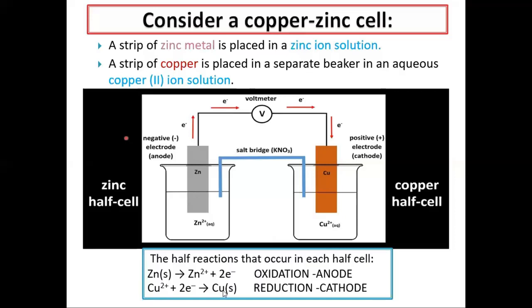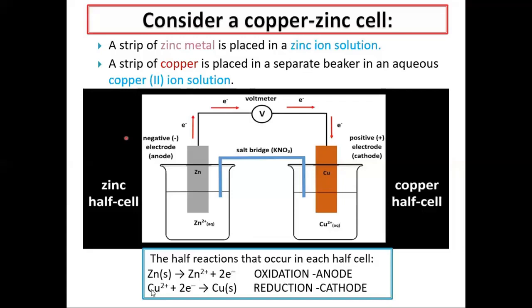There is something which is supposed to be noted here. If zinc dissolves to give zinc ion plus electrons, it means that this zinc electrode reduces in size. It means that the anode always reduces in size. Why? Because it dissolves to give out the electrons. Then copper receives these electrons.